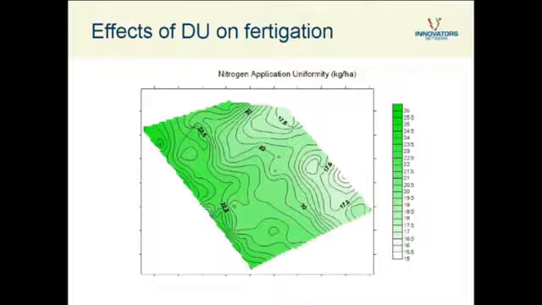You can see that ranged from 15 kilograms per hectare in the low application rate areas of the system up to 26 kilograms per hectare in the high application rates. So that combination of a difference in applied water and also a difference in applied nitrogen obviously can have a big effect on your particular crop.